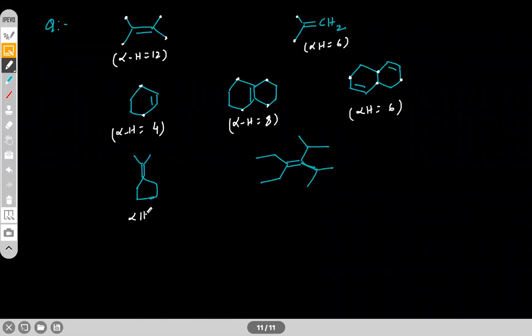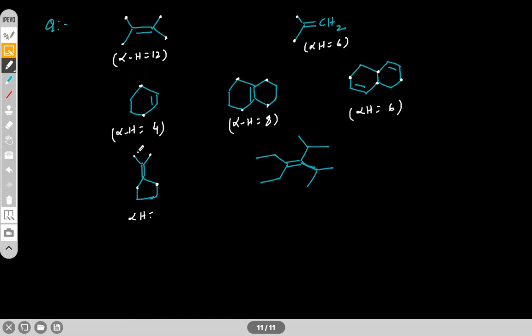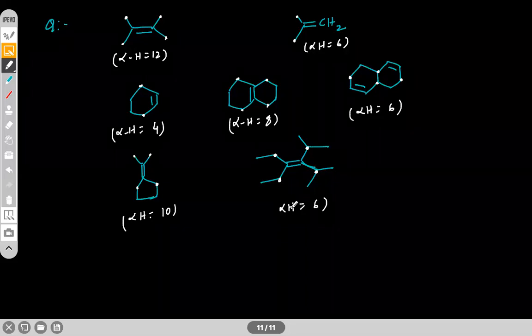Number of alpha hydrogens here, with four alpha carbons: 3 plus 3, 6 plus 4, 10. Here, 1, 2, 3, 4 carbons, so 1, 2, 4, 6 alpha hydrogens we have in this. Any doubt in this?